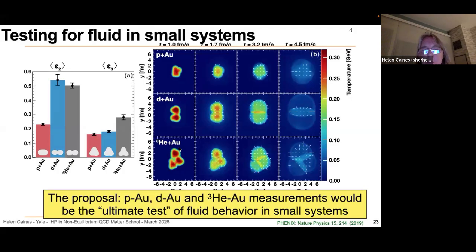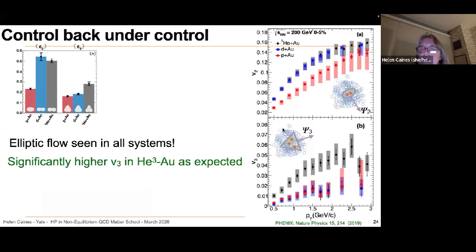We could collide p+gold, d+gold, and helium-3+gold and see if this very simple fluid-like behavior, due to the initial overlap region, would be borne out. And here you see the results, and it came out amazingly like was predicted.